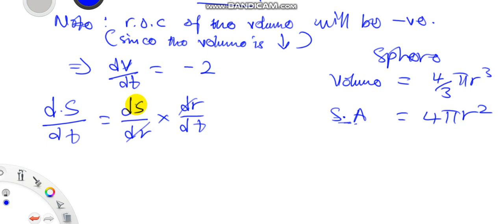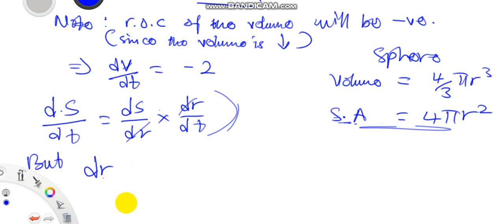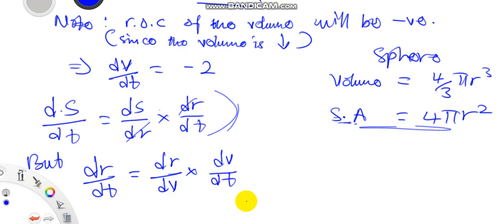We already know dS/dr because we have the formula for the surface area here. But dr/dt is a problem, right? We can find dr/dt, the rate at which the radius is changing with respect to time, as the rate at which the radius is changing with respect to the volume, dr/dV, times the rate at which the volume is changing with respect to time, dV/dt.